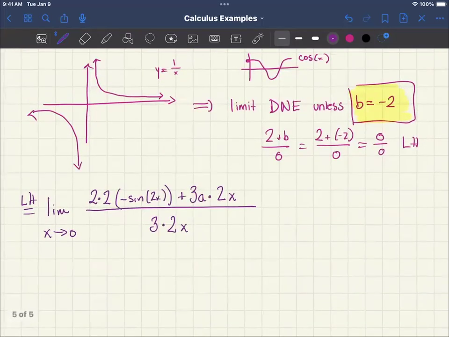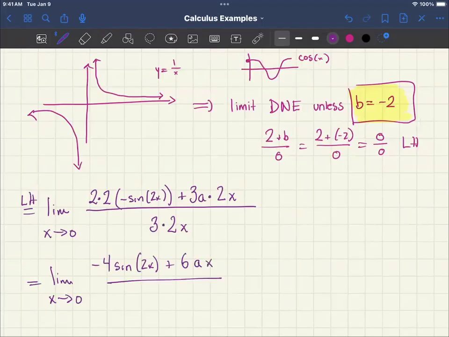All right, let's clean that up just a little bit because it still looks a little bit messy. I'm going to put our negative sign out front. 2 times 2 is 4. So we get negative 4 sine of 2x plus 6ax, 3 times 2 is 6, over 6x.